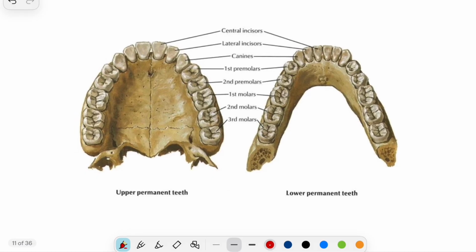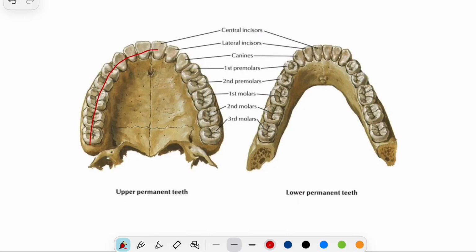So, what is an arch? Here, if you can see, the teeth are arranged in a curved form in our jaws, right? And that curved form is called the dental arch.